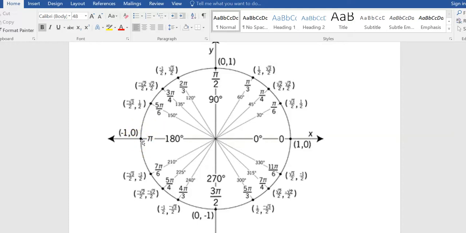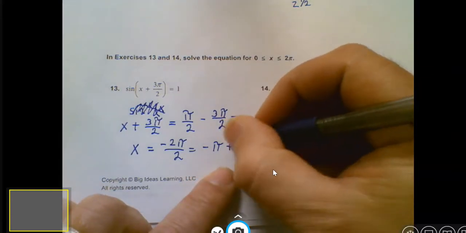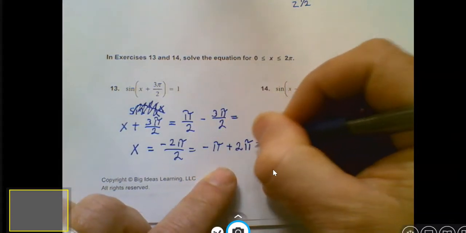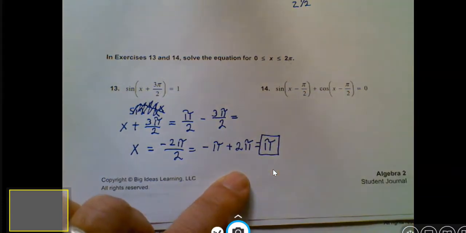And so at our value of pi is where we get the same result, but now I'm in the positive unit circle. So all I had to do to turn it into a positive was add 2 pi to see where that puts me in my positive unit circle.